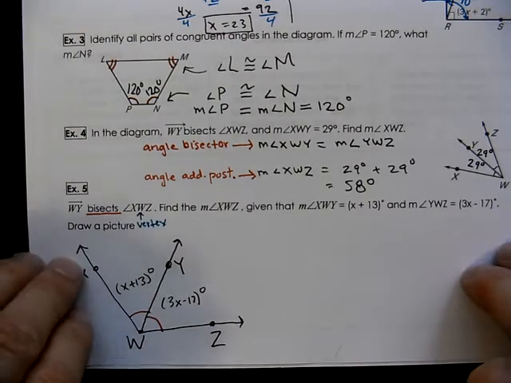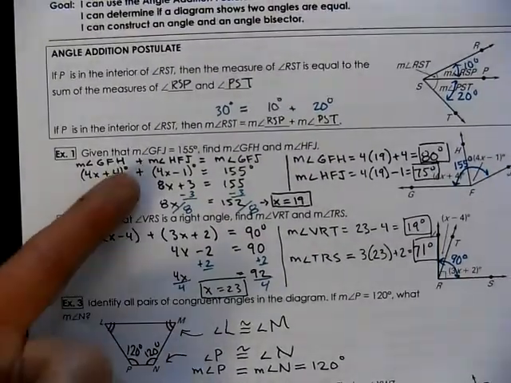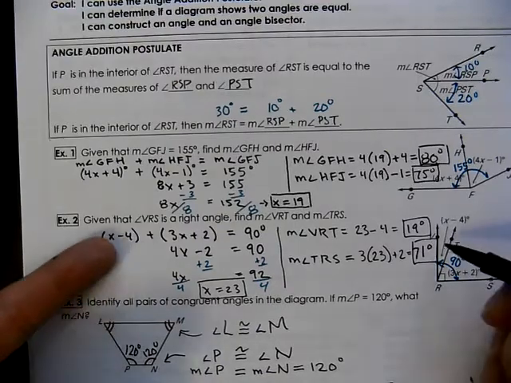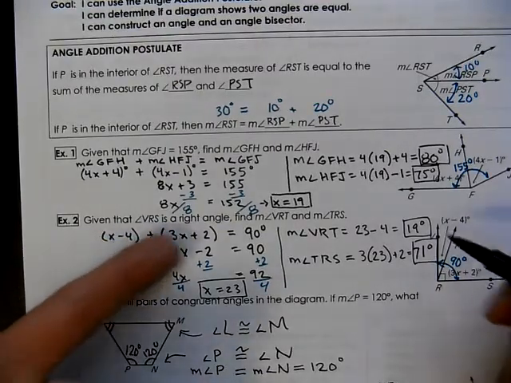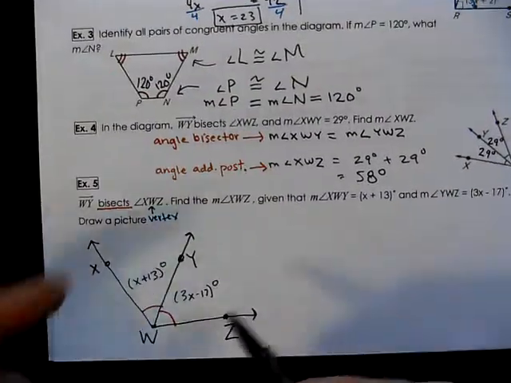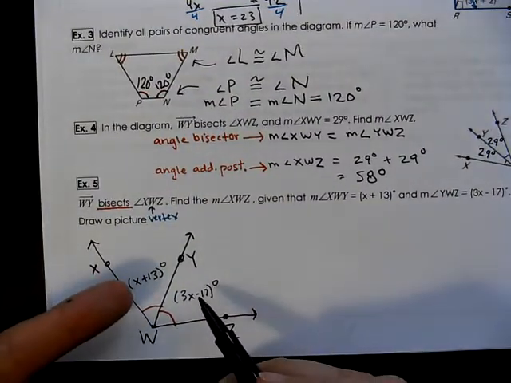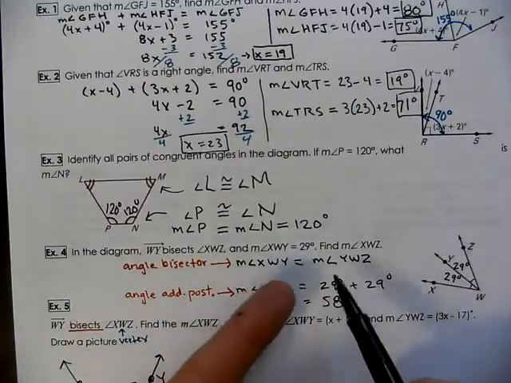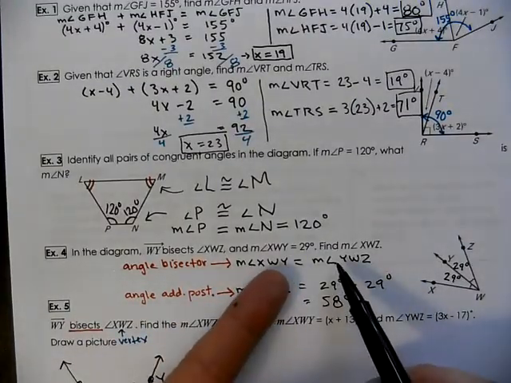Now again, the challenge here is, how do we set this up? Do we set it up like we did in example 1 and 2, where we had to add together the two angles that were side by side to get to some total? Is that what we do here? Do we add them together? Or do we set the two angles equal to each other because they happen to be the same size?